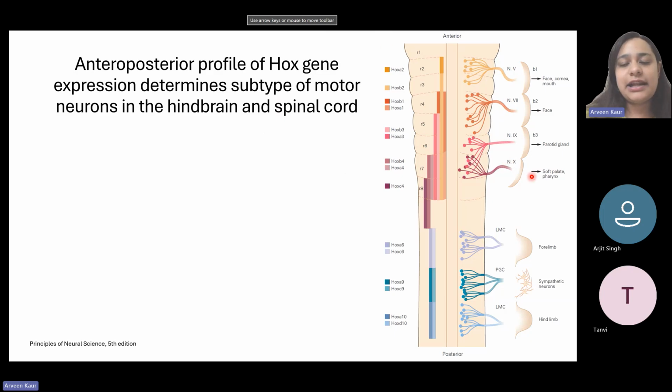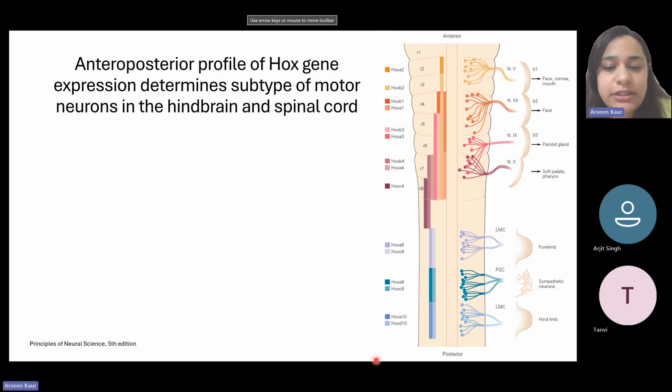So these are the regions that are being affected by this Hox gene family that is present along the anteroposterior axis of the hindbrain and spinal cord. Once we look at the spinal cord region, we see that there are different Hox genes expressed there: Hox A6, Hox C6, Hox A9, Hox C9, Hox A10, and Hox D10.